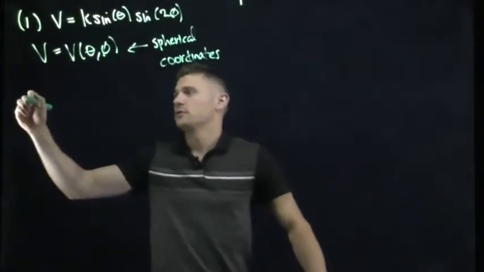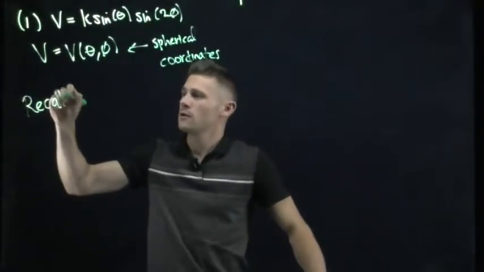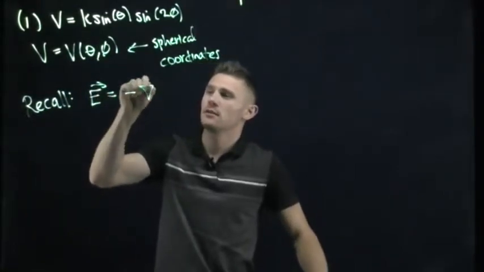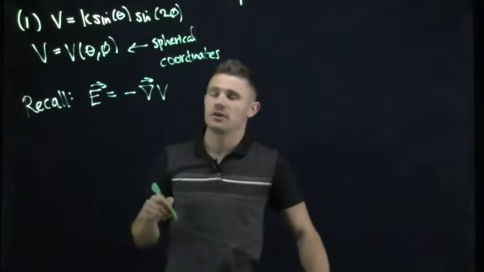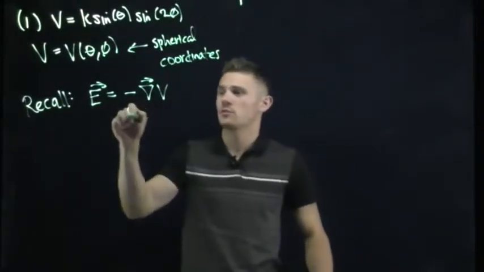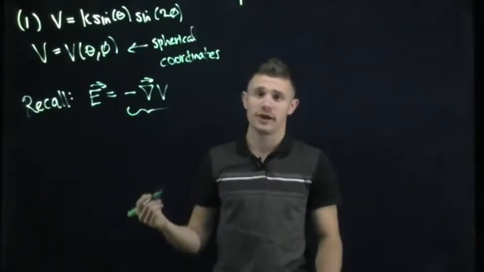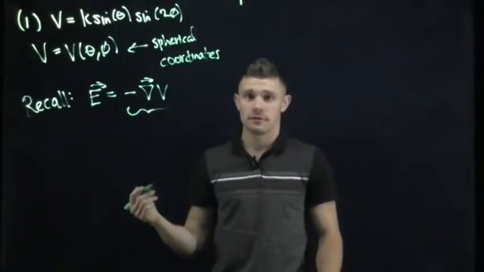To find the electric field, we recall that E is equal to the negative gradient of our electric potential V. Now here is where our coordinate system comes into play, because we want to know what the gradient of V is in spherical coordinates.